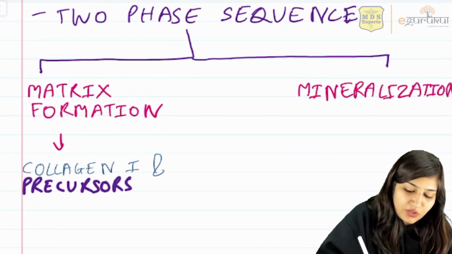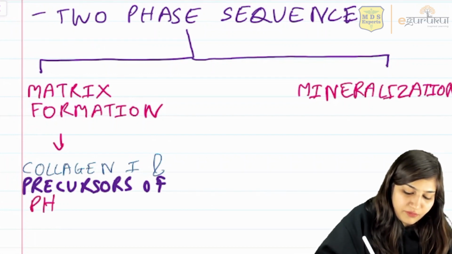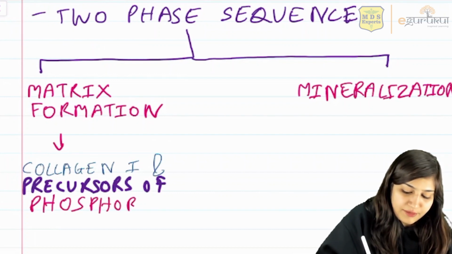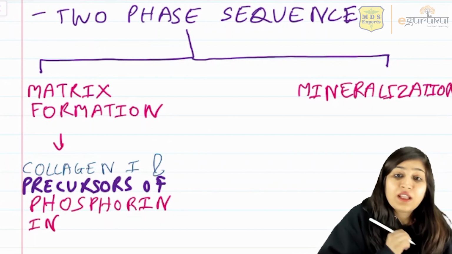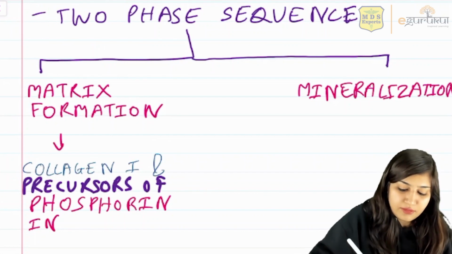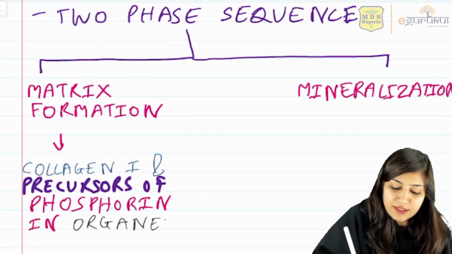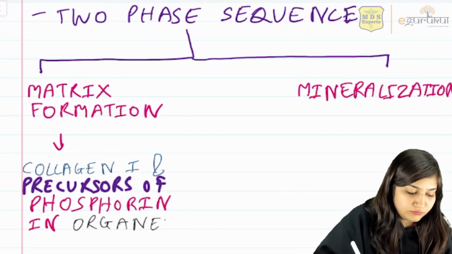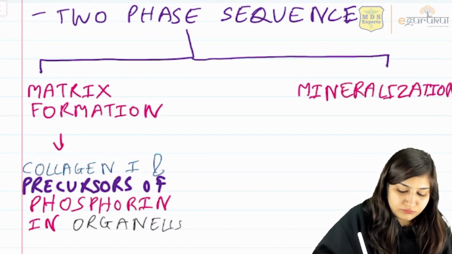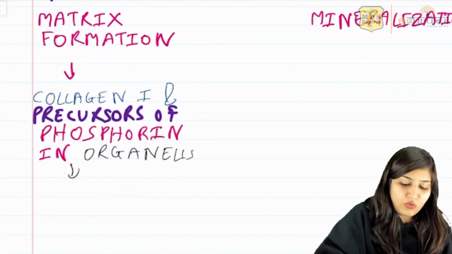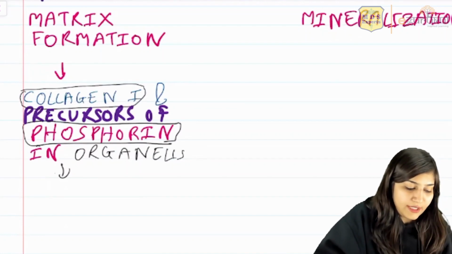Precursors of phosphophoryn are present in cell organelles such as endoplasmic reticulum and Golgi apparatus. So now collagen type 1 and phosphophoryn are present in cell organelles.